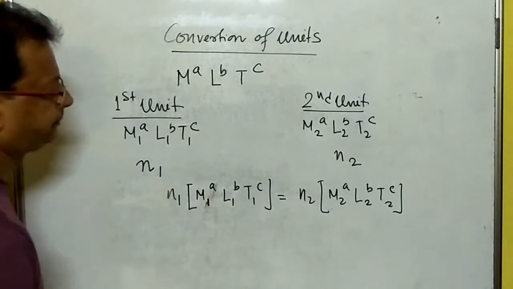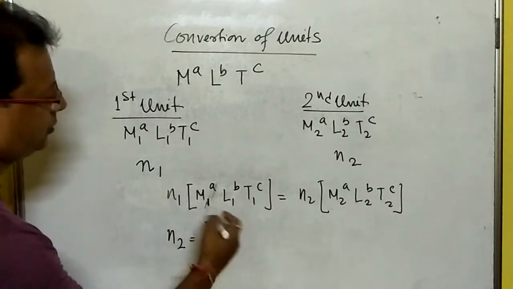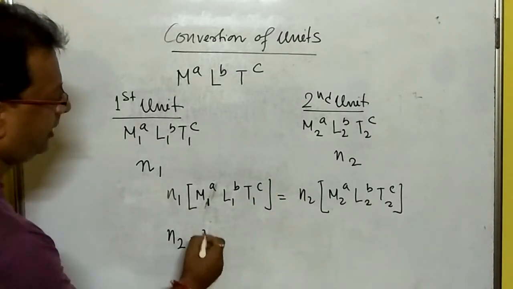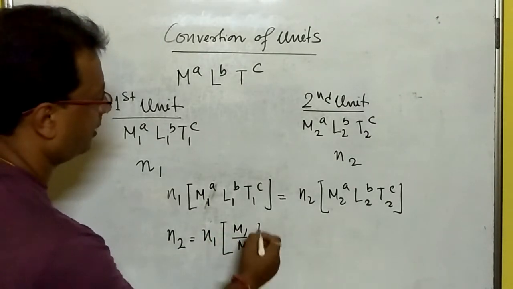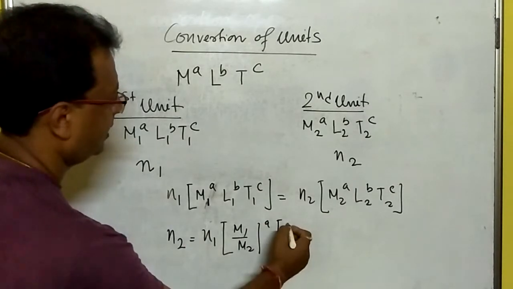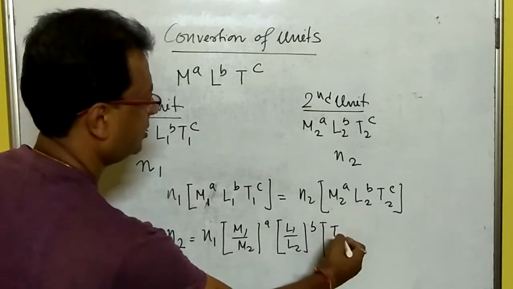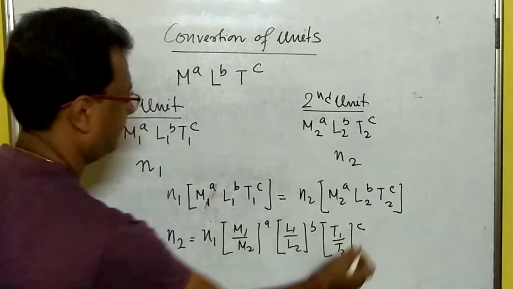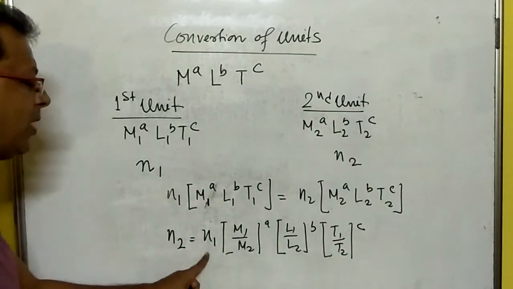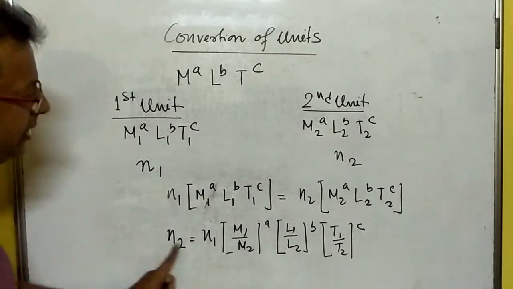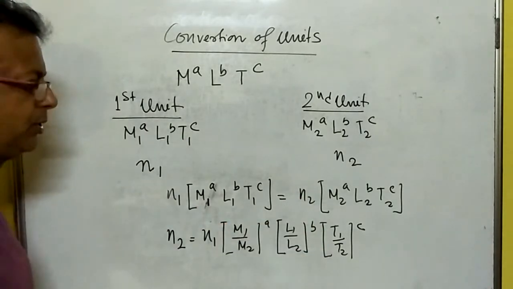So we can write n2 is equal to n1 into M1 by M2 to the power of a, then L1 by L2 to the power of b, and lastly T1 by T2 to the power of c. Now, this is the value of n2. If you want to write n1, then n1 will be n2 into M2 by M1, L2 by L1, and T2 by T1, and so on.